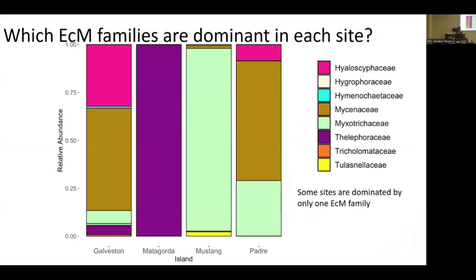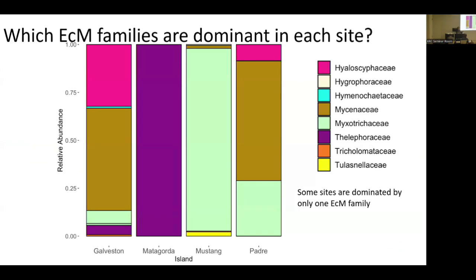Looking at just families per site, as you can see, some sites are dominated by just one ectomycorrhizal family. This is just based on the UNITE database, however. And then there are some islands that have a little bit more families. I'm still trying to analyze this through genus, but that will require looking through lots of literature because some of these mycorrhizae actually are not categorized through genus.